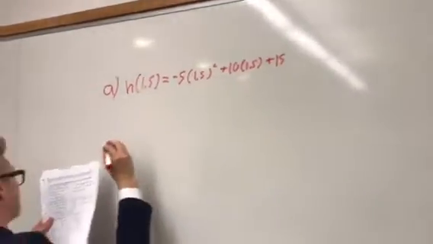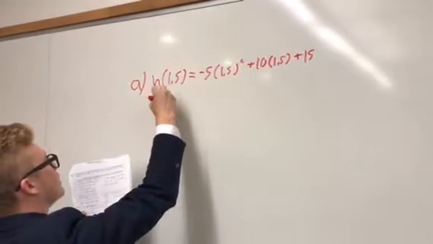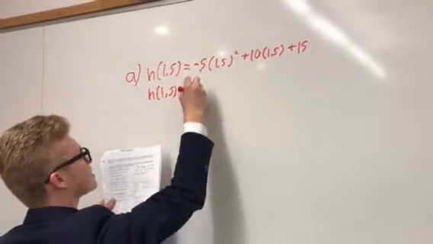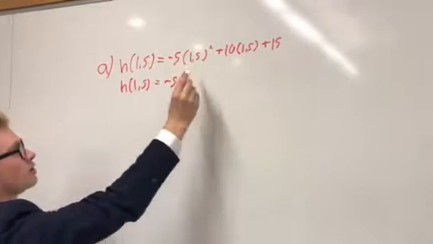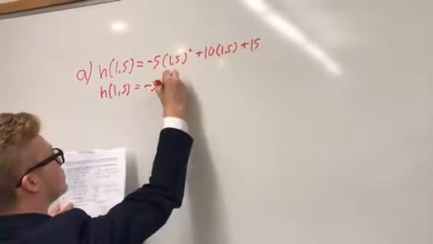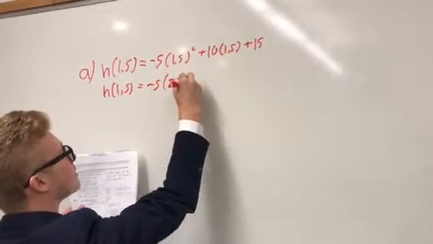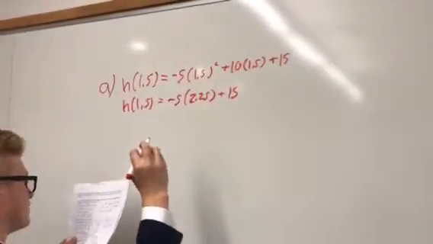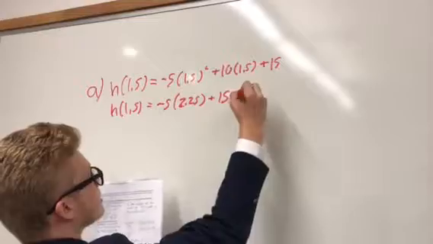And then we have to start solving, so h at 1.5 equals negative 5, and then you have to do the exponent to what's in the brackets first. So it would equal 2.25 plus 15, so that's what 10 times 1.5 is, plus another 15, which is the original.